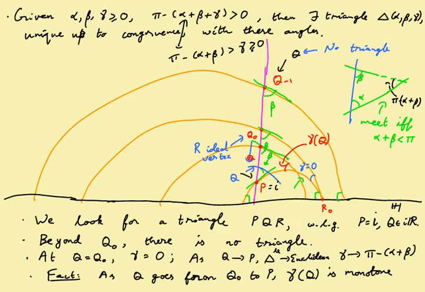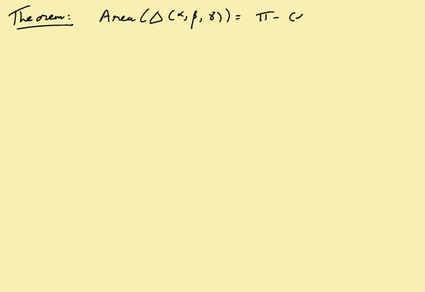Now we want to see a couple more things about the triangles. So I'll state a theorem which follows by calculation. We have a triangle with angles alpha, beta, gamma. What is its area? Here's a remarkable fact. The area of the triangle is pi minus (alpha plus beta plus gamma).